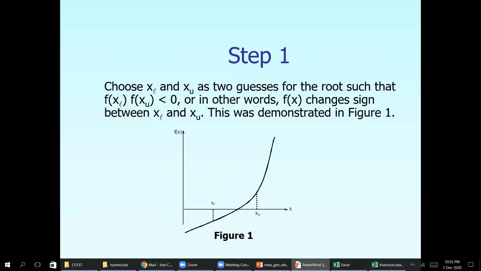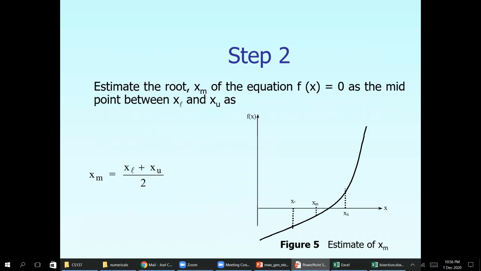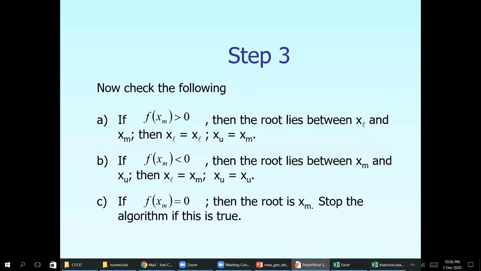After determining the two guess values x sub l and x sub u, we're going to get the midpoint of the two points. We call it x sub m, or x midpoint. Step 3, substitute to your equation. If the result is positive, you're going to change the value of x sub u to x sub m, and x sub l is still the same.